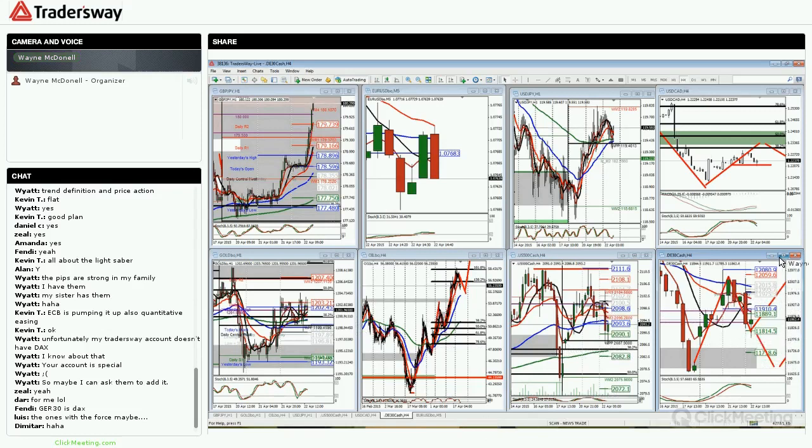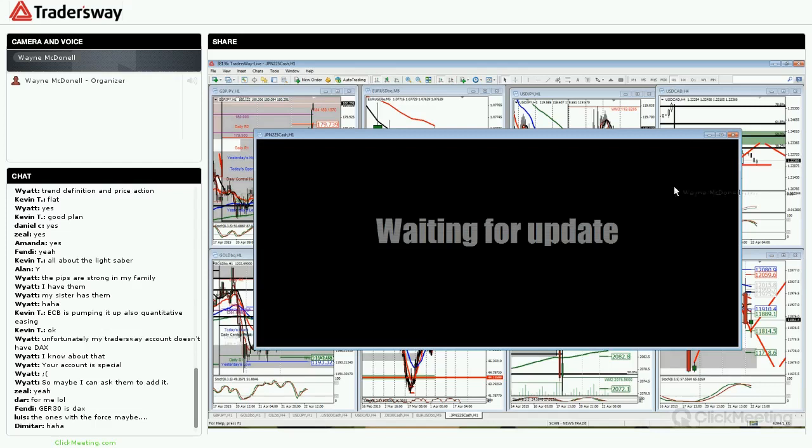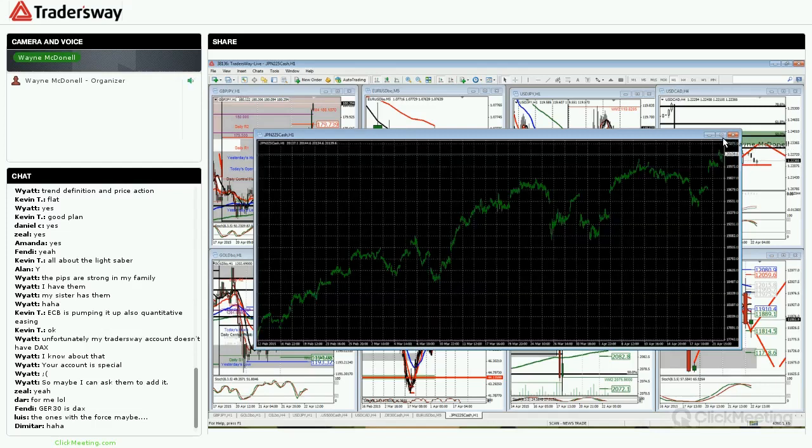How about the Nikkei? The Nikkei just made a higher high. You see this high to the right?